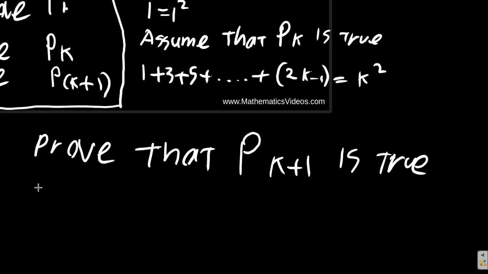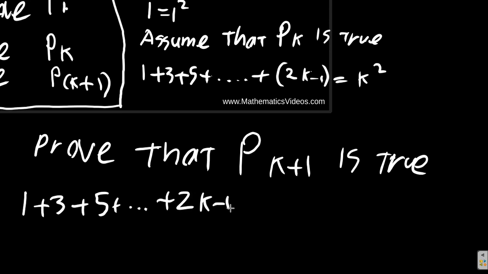Now, the first numbers are 1 plus 3 plus 5 plus, and so on, plus 2k minus 1 plus, no, the P of k plus 1. You're going to replace k with k plus 1.